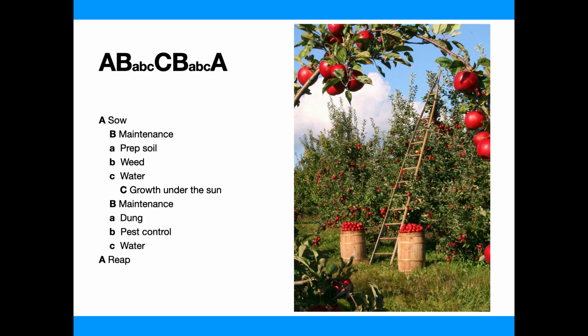Then in the first maintenance, our minor B is to weed, and we need to do that so it doesn't get choked out, so that it's not fighting for water and nutrients. But then the second one is going to be pest control, that things are going to come, not necessarily at the beginning, but at a later time, things that come and attack, try to eat what we are producing and growing.